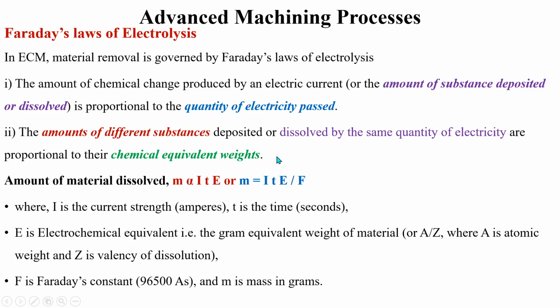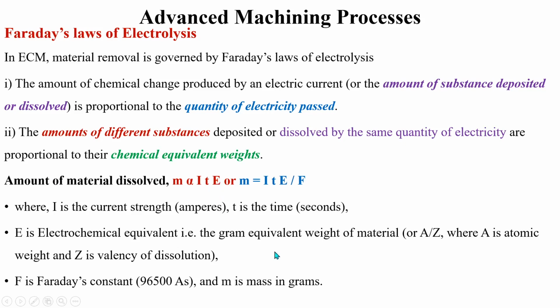So we can write the amount of material dissolved as M, which is proportional to the current, time and electrochemical equivalent. Here E is the electrochemical equivalent weight.